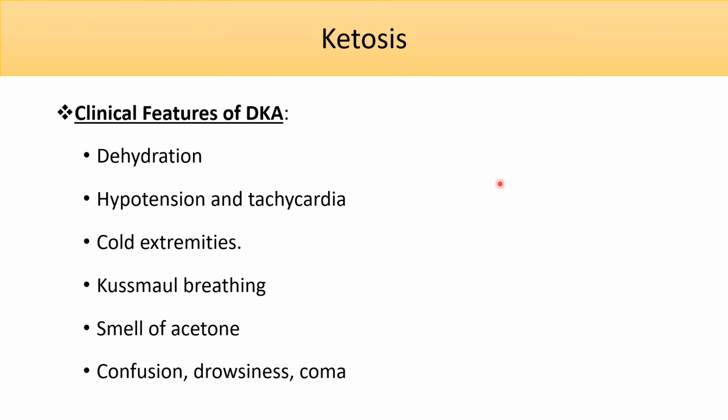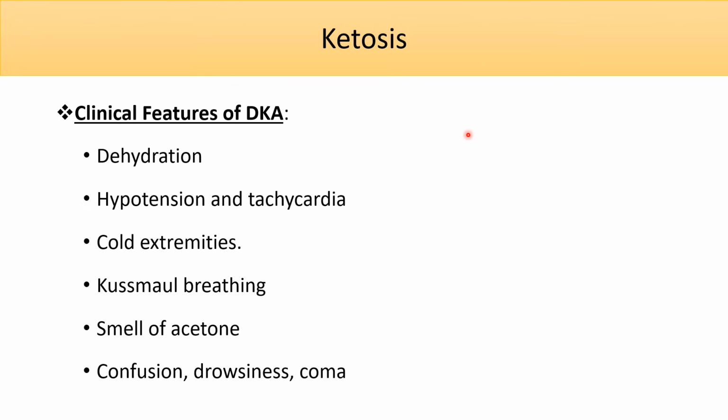Okay, so the patient will have polyuria. Because of that, blood volume, blood level of water will be reduced. So that will result in dehydration. When there is dehydration, the patient will go for hypotension and tachycardia. Since the patient is in hypotension, the blood supply to the peripheral tissues will be reduced, which will result in cold extremity. And in diabetic ketoacidosis, there will be increased production of acetone, acetoacetate, and beta hydroxybutyrate.